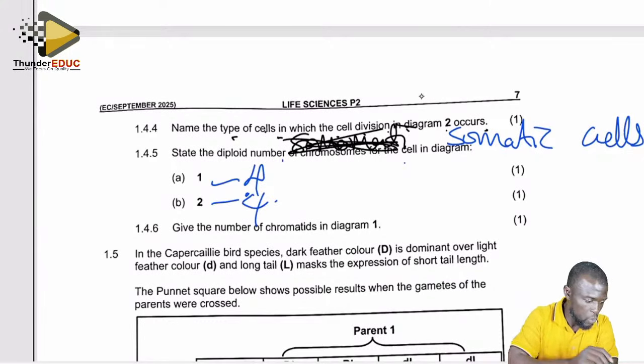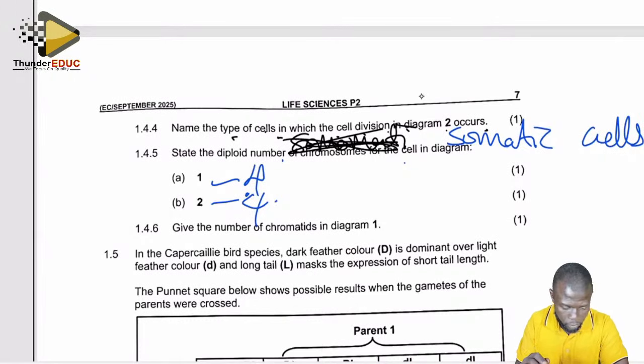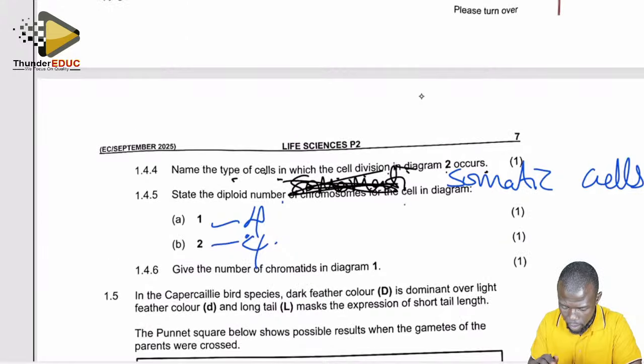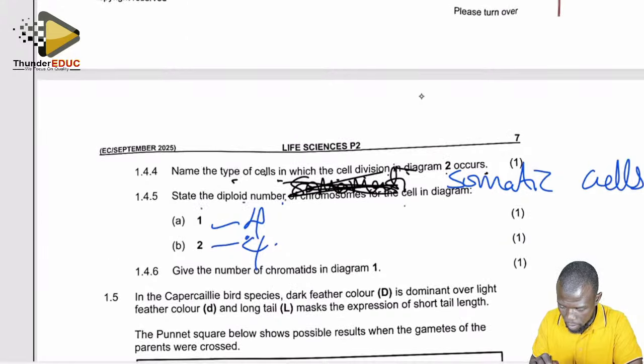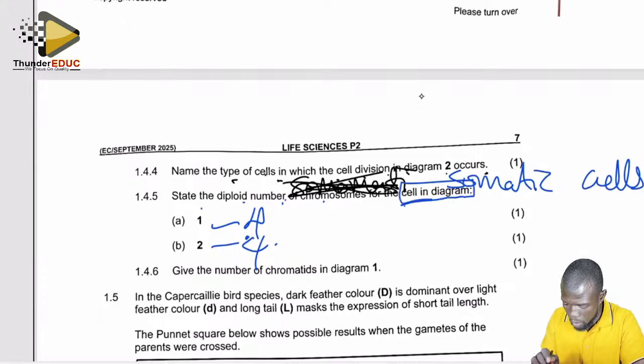State the number for the cell in diagram 2.